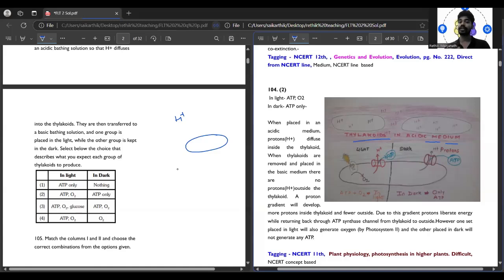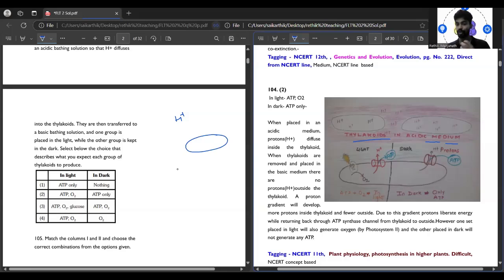When these thylakoids are removed and placed in the basic medium, there are no protons outside the thylakoids, so a proton gradient will develop. Obviously the protons inside will be forced to go outside to make a proper balance. So a proton gradient develops, with more protons inside the thylakoids and fewer outside.